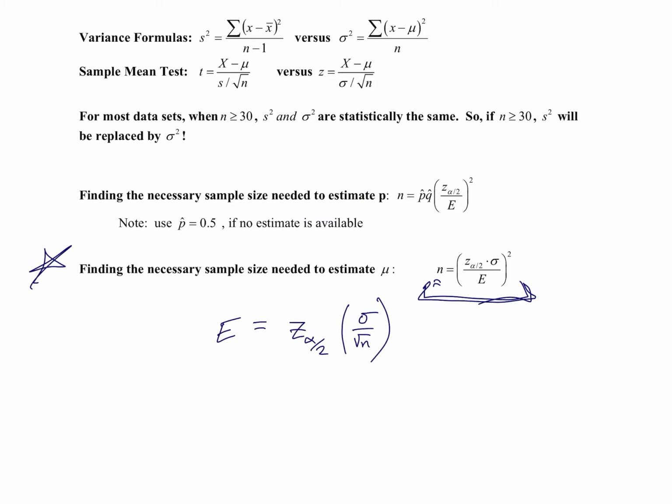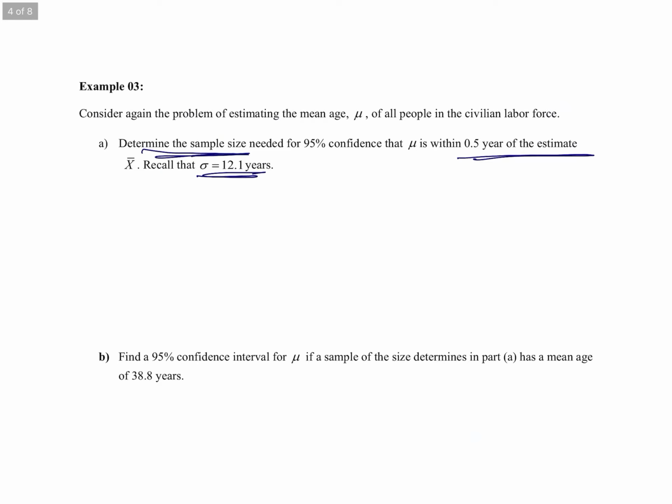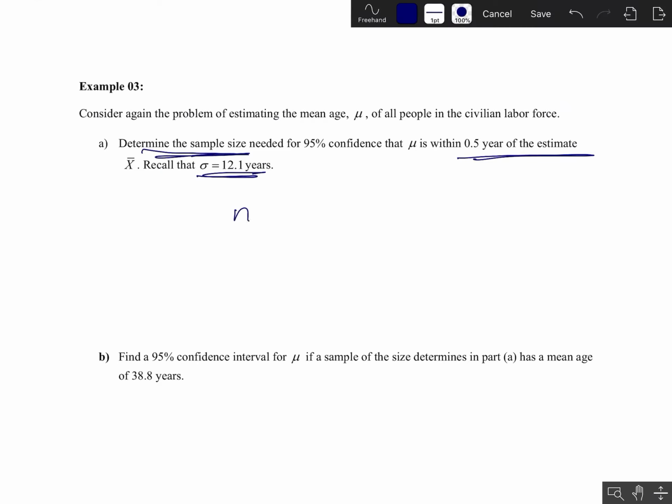So this e in the denominator here is going to represent the error that we're willing to put up with. So I'll go ahead and copy down this formula again down here. So the formula that we're going to use is that n is equal to z sub alpha over 2 times sigma divided by the error, squared. So that's just me copying down the formula from up above.